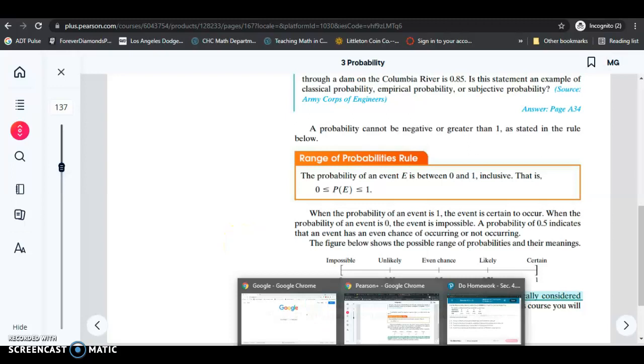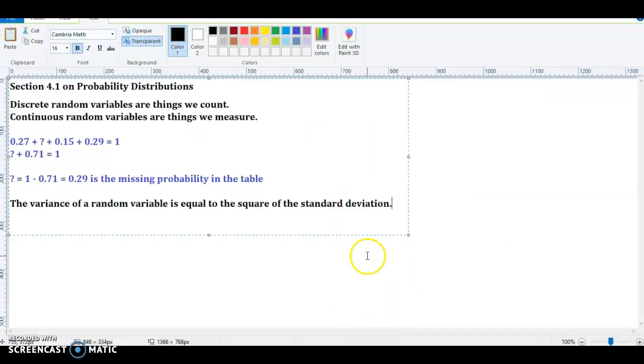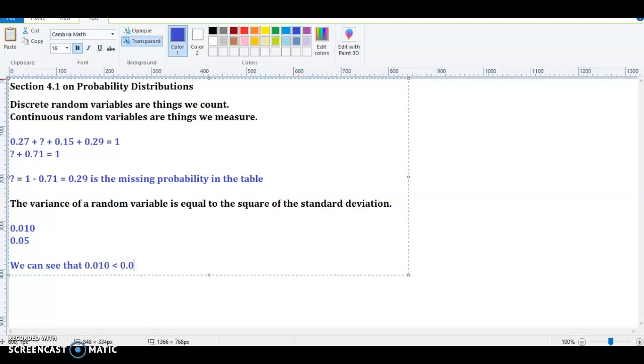Going back to the homework, you can see that the probability that a household has no HD televisions is this number here, 0.010. If you compare 0.010 to 0.05, we can see that 0.010 is less than 0.05.